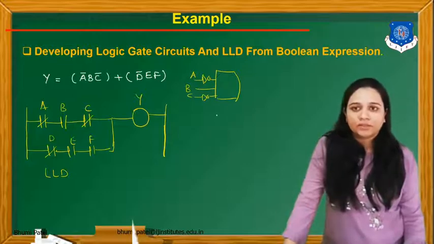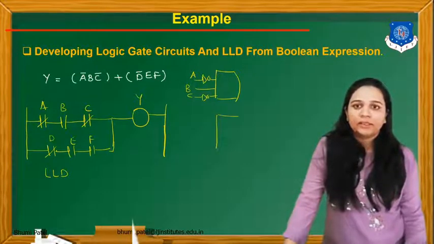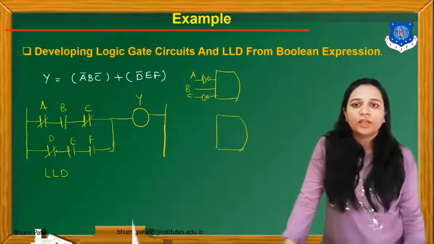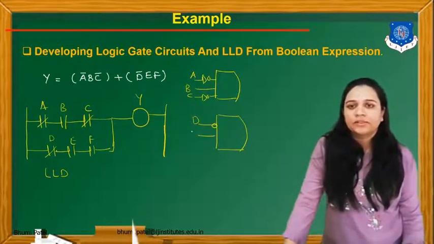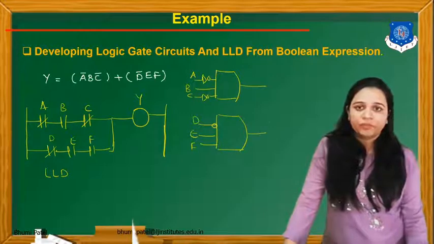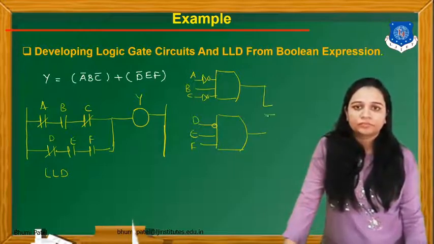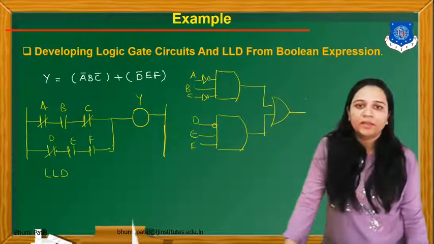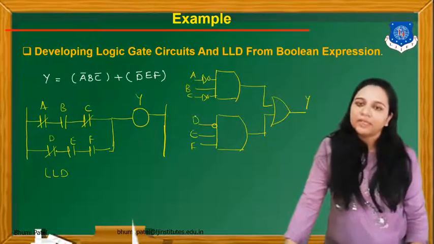Then plus d bar e f. Instead of a NOT gate, you can put a bubble also for d bar. This is my e and this is my f input, and both are combined with the plus sign, meaning the OR gate, and y is my output signal.